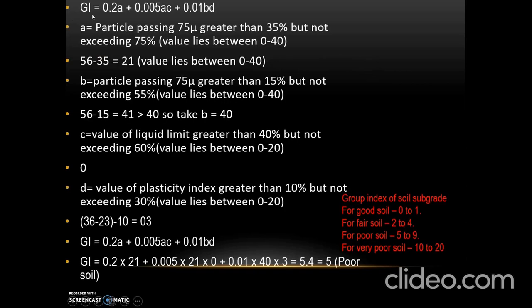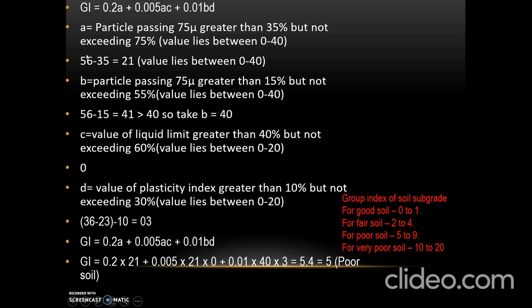We know the equation to find GI, that is 0.2A plus 0.005AC plus 0.01BD. A is the percentage of particles passing 75 micron greater than 35% but not exceeding 75%. And this value should lie within the range 0 to 40.